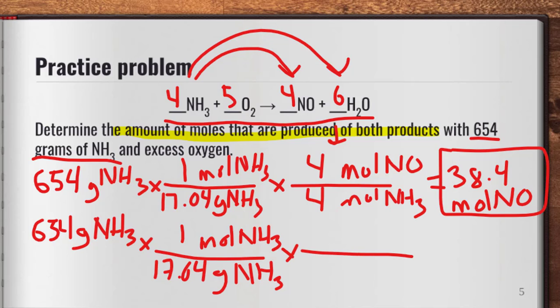Again, not done yet. I've got it into moles of NH3. Now I need to get it to moles of water. So I'm going to have moles of NH3 on the bottom, and I'm going to convert that to moles of water.